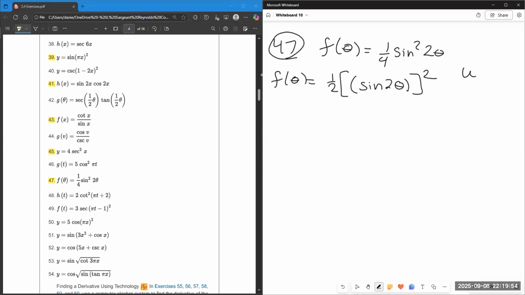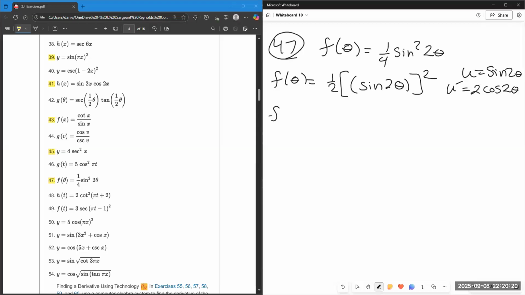So my u is equal to sine 2 theta, where I have an inner function there as well. My u prime is going to be 2 cosine of 2 theta. Derivative of sine is cosine, derivative of 2 theta is 2.